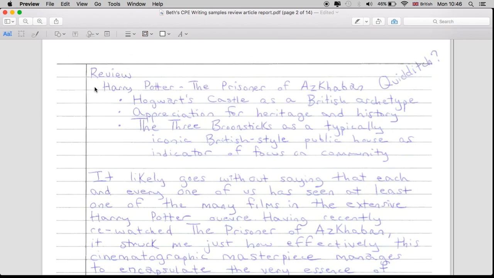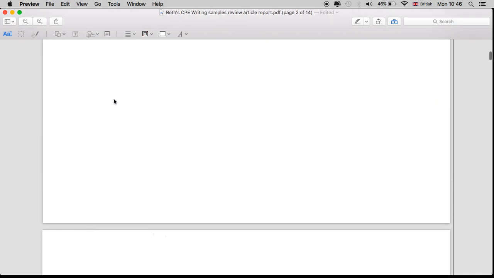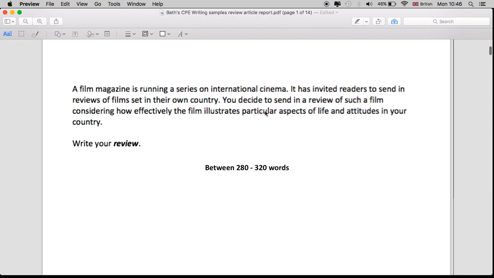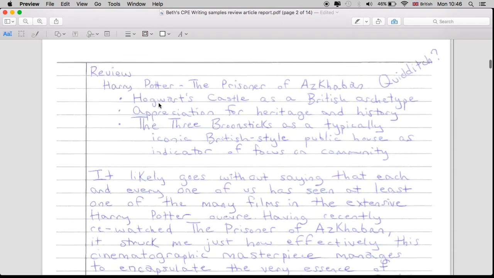I had just watched The Prisoner of Azkaban, a brilliant film adaptation of the book, part of the Harry Potter series, and I decided to write about that. So I thought, okay, what could I write about a film that really illustrates aspects of life and attitudes in the UK? Well, you could use Hogwarts Castle. That was my first idea as a British archetype.